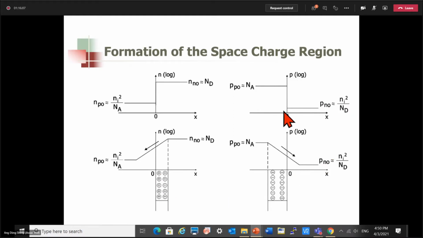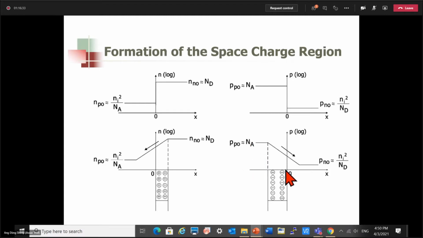Now, by similar arguments, hole diffusion will happen due to the concentration gradient in the hole concentration. After the holes have departed from the P region, we also have a space charge region formed on the left side, which is on the P side.